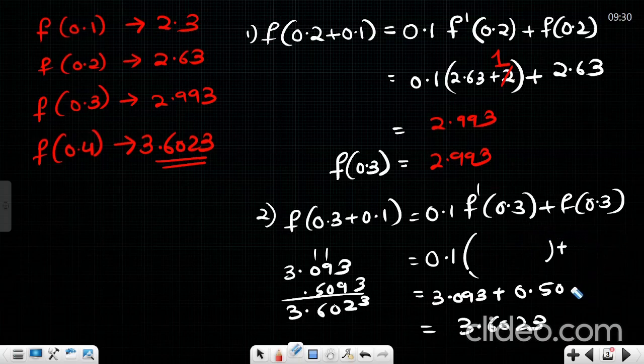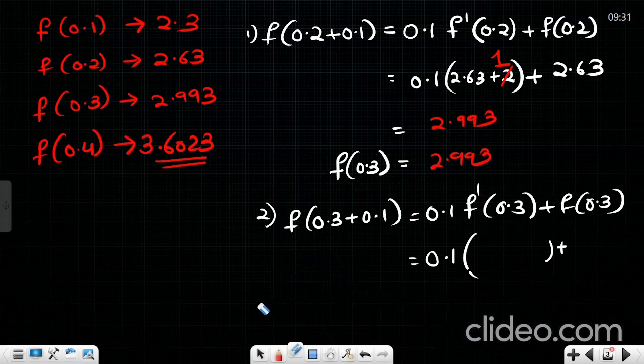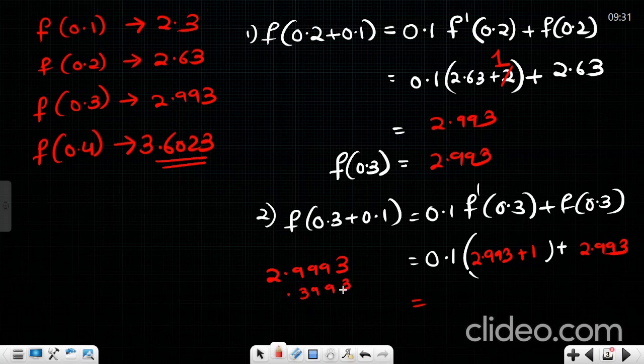Yeah, I'll erase everything. If you see carefully, it will become 2.993 plus 1 plus 2.993. So answer is going to become 2.993 plus 3.993 into 0.1. So 0.3993. I think it's 2.993, na?